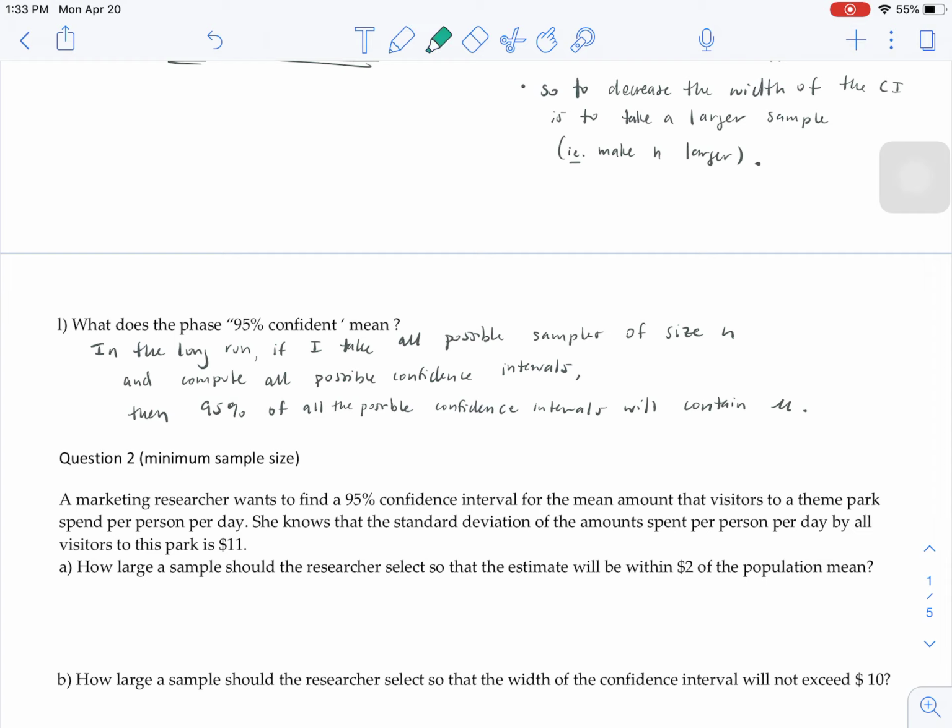So being 95% confident that our confidence interval contains the population mean means that if I took all the possible samples of my desired size and computed all the possible confidence intervals, then 95% of all of them would contain mu.